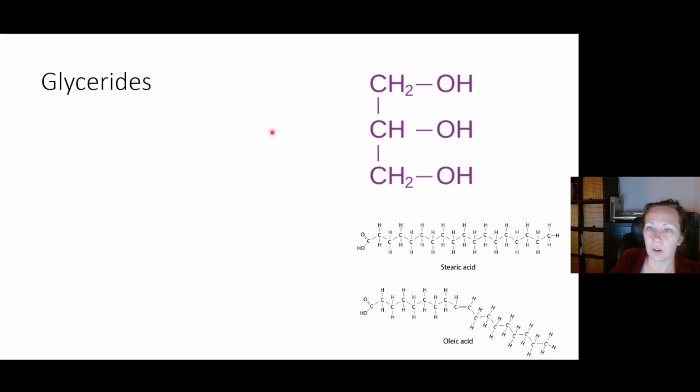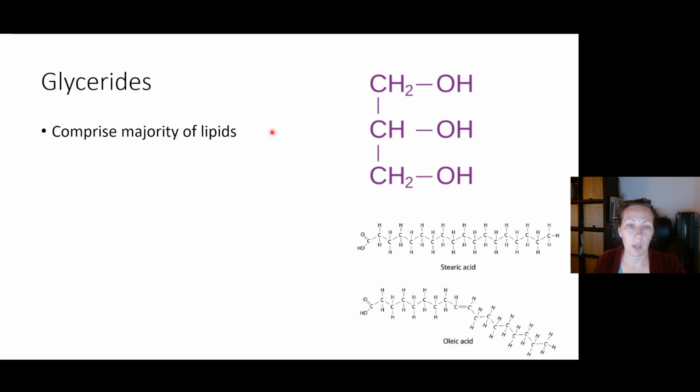The first category of lipids that we'll talk about are triglycerides, and these comprise the majority of lipids that we consume, that we use as ingredients, etc. The glycerides have a base of this molecule here called a glycerol molecule.